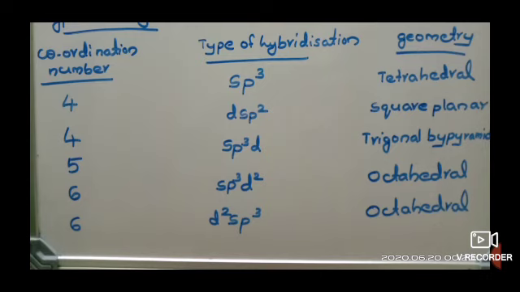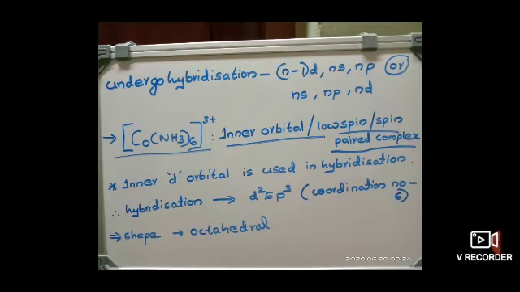If the coordination number is 6, they show two hybridizations, sp3d2 and d2sp3, and have an octahedral shape. They use either n-1 d, ns, np orbitals or ns, np, nd orbitals for hybridization. We can see a few examples.